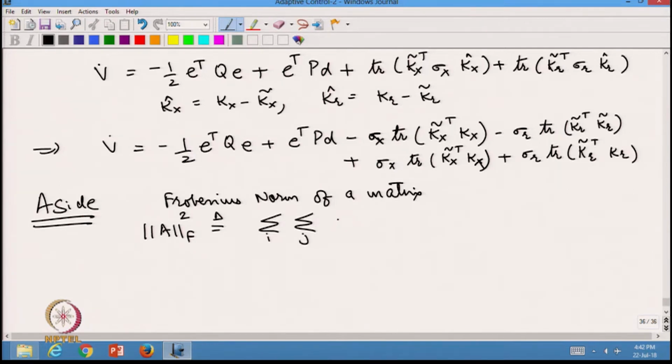So it's basically the square root of the sum of the squares of the elements, a i j square, which is also the same as the trace of A transpose A.